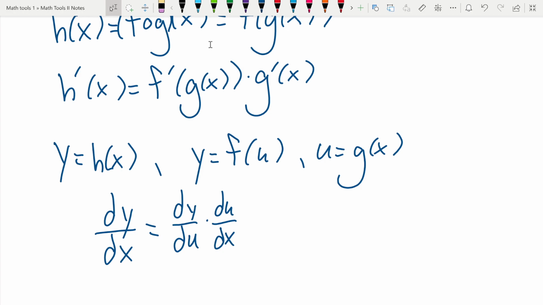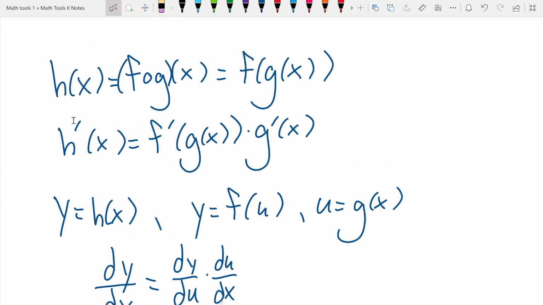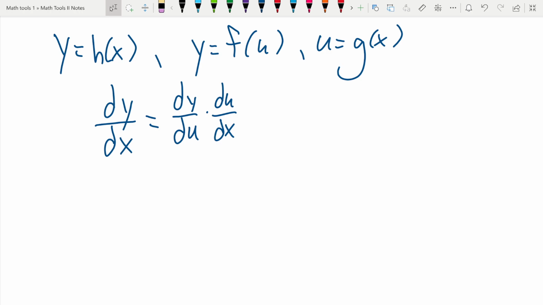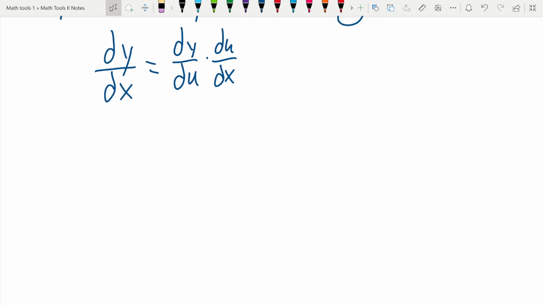And then you can extend this out to more functions as well. I want to focus mostly on how to use it here, because as the functions get more complicated, we're pretty much always using the chain rule on them. So let's go ahead and look at some examples.